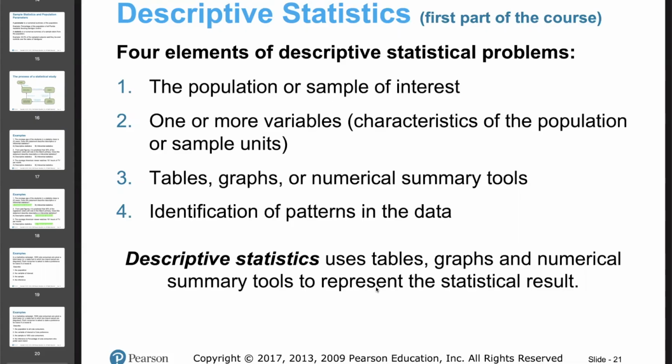We will, of course, deal with tables like frequency tables, graphs like bar charts, pie charts, histograms, or numerical summary tools like the averages, the mean, the median, the mode, the standard deviation, the variance, the range, okay? And then identification of patterns in the data, okay? So again, descriptive statistics uses tables, graphs, and numerical summary tools to represent the statistical result.